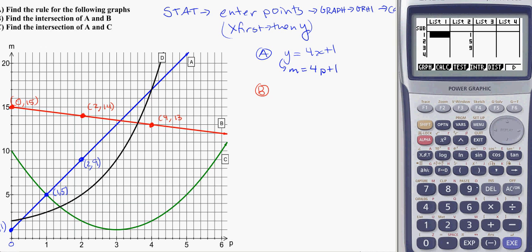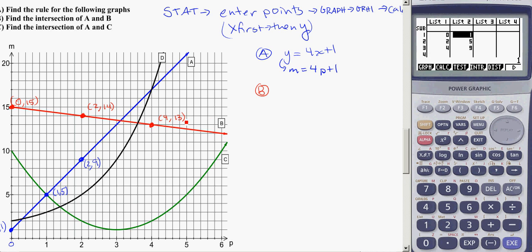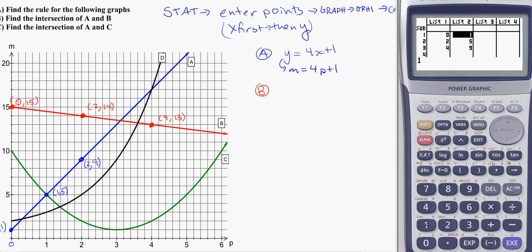you can just hit delete to get rid of them. I've got 0. Sometimes I just enter in the x's first, 0, 2, and 4. Arrow over and put in the paired up y's. That way you don't have to skip back and forth between them over and over again. So here I've got 15, 14, and 13. So graph 1 looks kind of like a straight line going down.